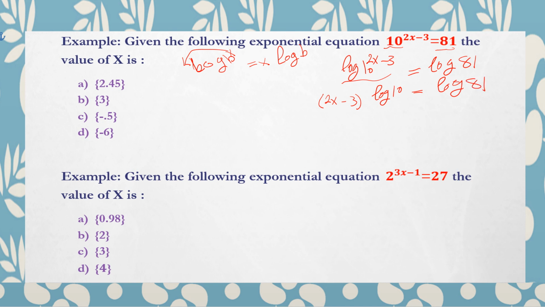Again, recalling another property, log of 10 for the same base 10 equals 1. So this becomes 2x minus 3 equals log 81. We need only x in the left hand side and all the numbers in the right hand side, as we want to find the value of x. So 2x equals log 81 plus 3.